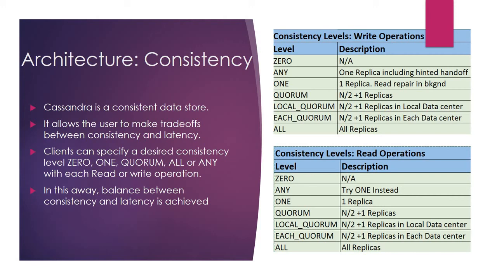Similar to the consistency levels for write operations, the read operations also have quorum, local quorum and each quorum. The quorum has n by 2 plus 1 replicas, the local quorum has n by 2 plus 1 replicas in the local data center, and each quorum has n by 2 plus 1 replicas in each data center.